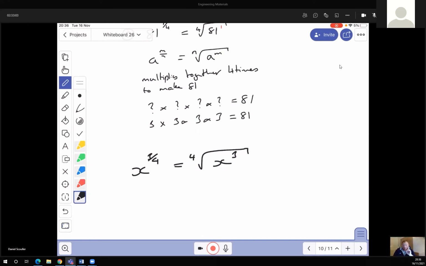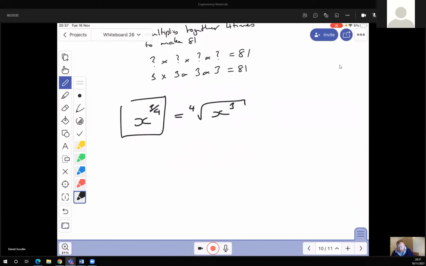Now it's important you follow the process, and it's always easier. There's always an exception to the rule, but it's always easier to do the root part first and then do the power. So if you get something like evaluate a number to the power of 3/4 or to the power of 2/5, it's always easier to do the root first and then do the power.